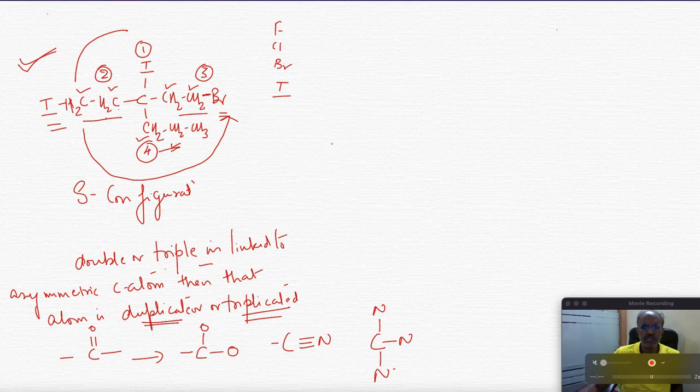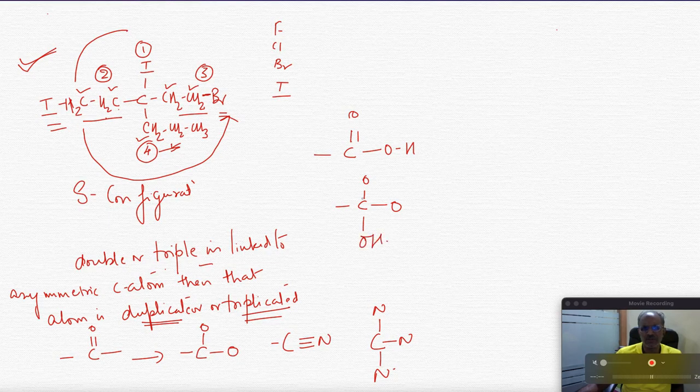Suppose, right? Take for instance carboxylic acid, C double bond OOH. Fine. Now it will be C like that, then like that, right? C, it will be like that, and obviously this will be the OH.